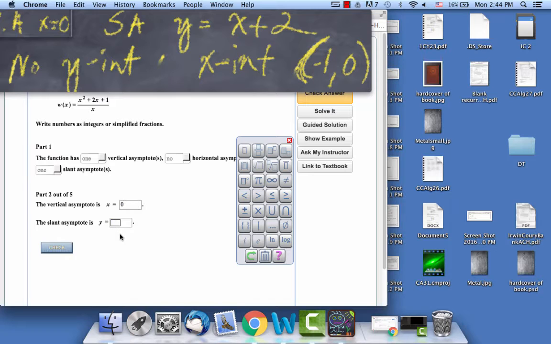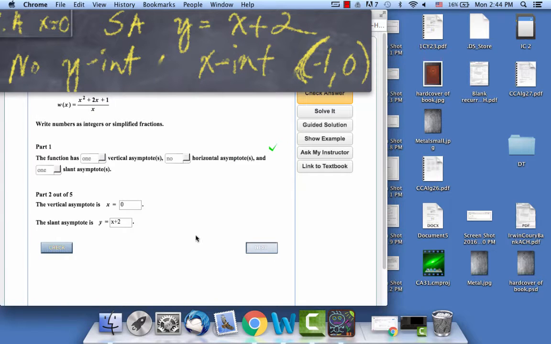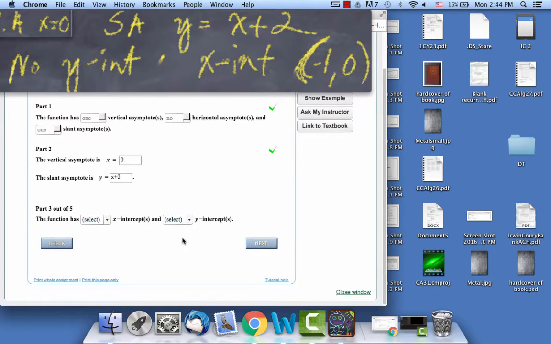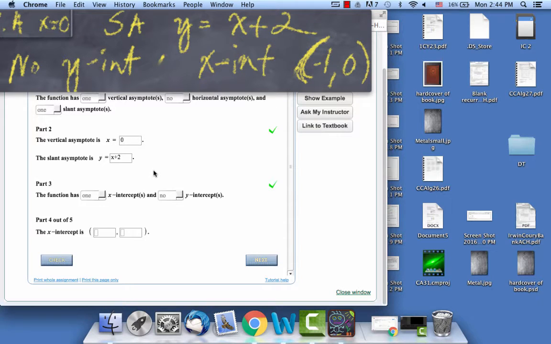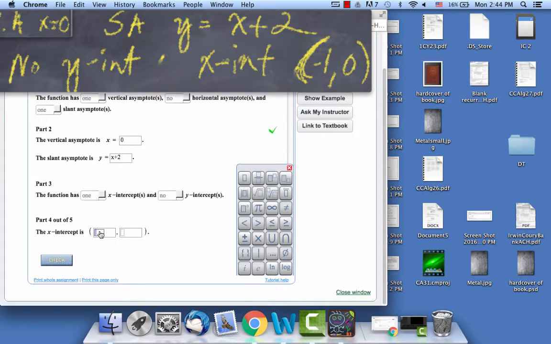Slant asymptote is at y equals x plus 2. It has one x-intercept, no y-intercepts. X-intercept is at negative 1, 0.